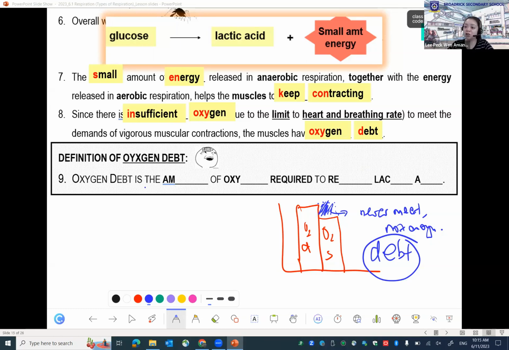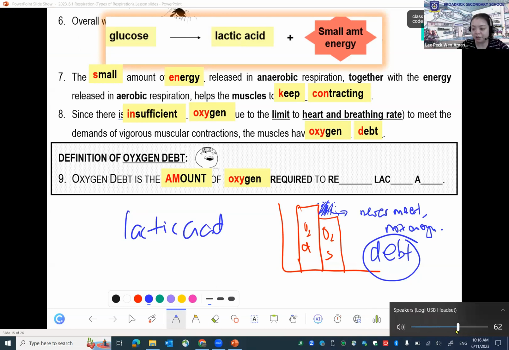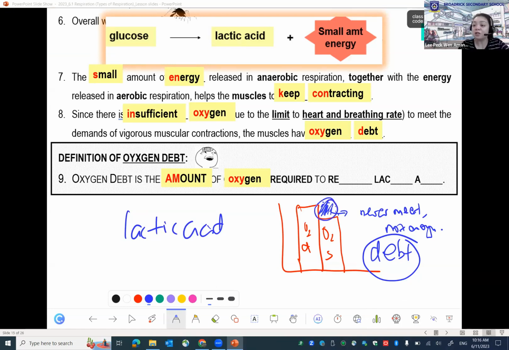So what is the definition of oxygen debt? Actually, oxygen debt is the amount of oxygen that you need in extra, okay, to meet the demand. And since this demand is not met, you switch to anaerobic respiration, right? But anaerobic respiration actually supplies lactic acid. So this small amount over here is your debt, right?